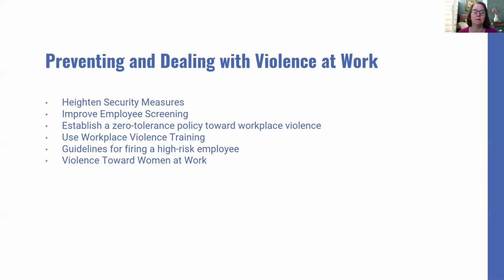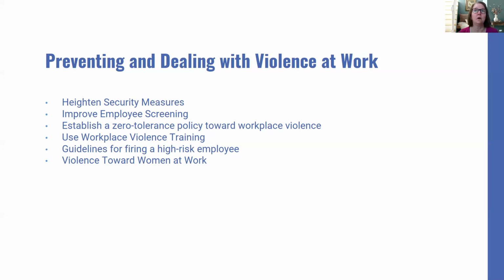So some work environments are not as safe as others, and you want to make sure that you are taking care of your workers. So you improve employee screening, and you establish zero tolerance policies toward workplace violence.